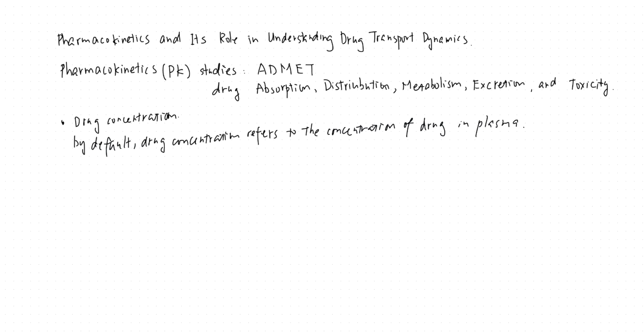Usually, from clinical experience, people find that referring to drug concentration in the plasma is good enough, roughly on the bulk part, to study how drugs impact the body. Another practical reason is that the concentration of drug in the plasma can be easily measured.